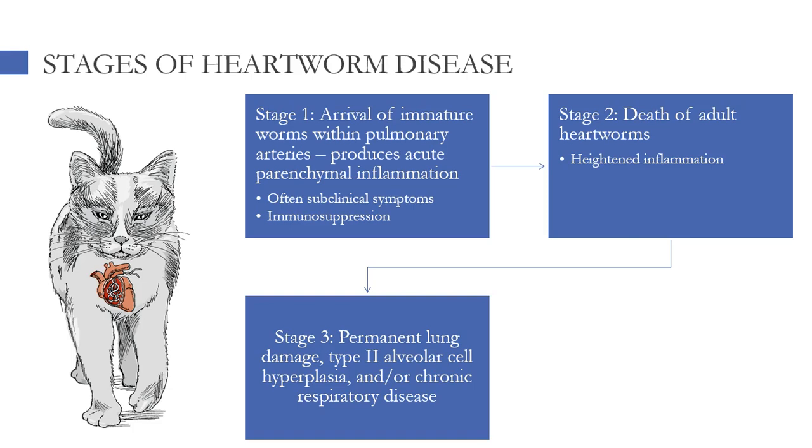The final stage, stage 3, involves permanent lung damage, type 2 alveolar cell hyperplasia, and/or chronic respiratory disease. Overall, feline inflammatory response due to heartworm presence is much higher than that of the canine. The smaller size of the feline pulmonary arterial area as compared to canines results in lessened collateral circulation and increased complications.